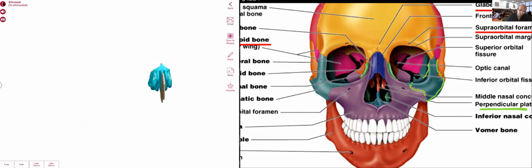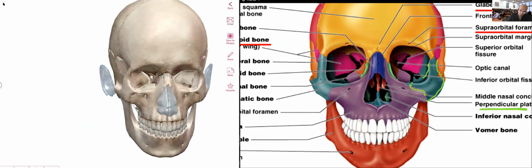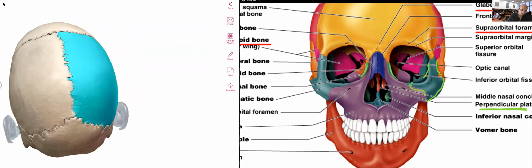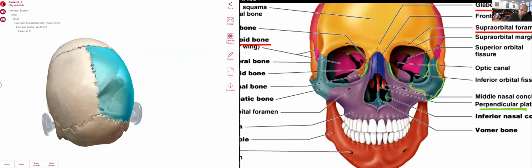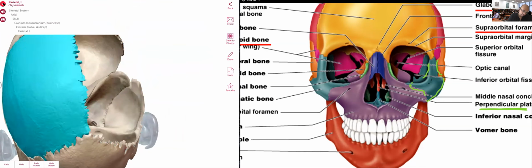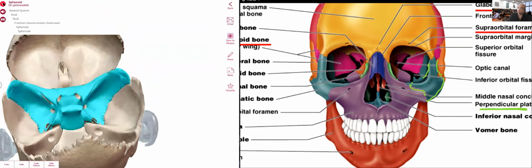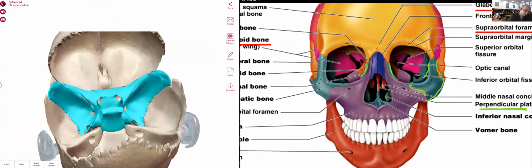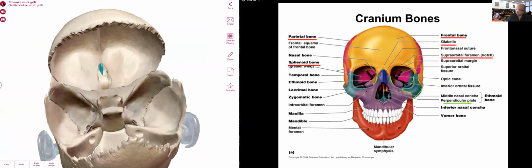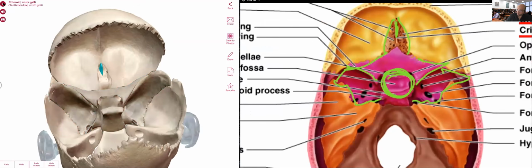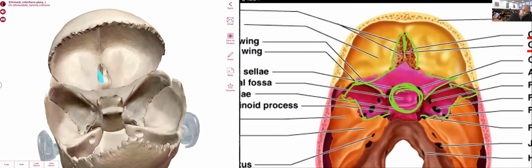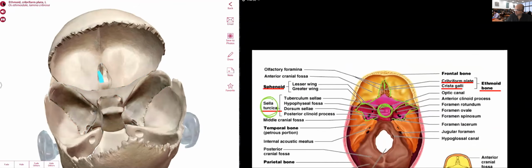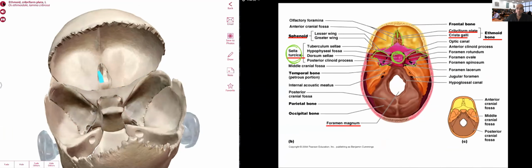All right, so again, what we're looking at in here is the inside of the cranial cavity. We did see the sphenoid bone with two lesser wings, two greater wings, and sella turcica. Anterior to this, we've seen a crest, and on both sides of the crest, we've seen perforated plates. All this is part of my ethmoid bone.